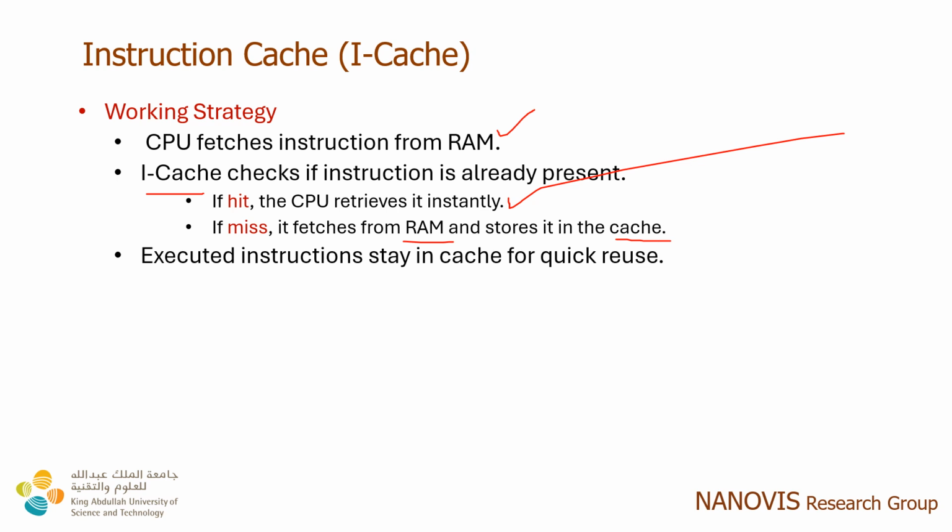As we discussed with temporal locality, this newly loaded instruction is stored in the cache because it's highly probable that it will be demanded in the next few intervals of time, and so it is stored for future use.